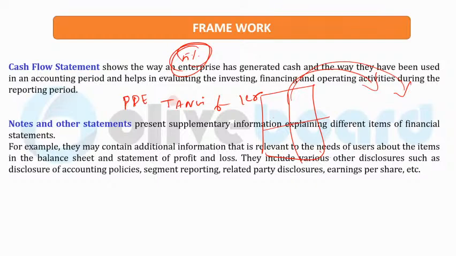Do I have any other branch or business in another country? How much did I earn in foreign currency and how much in local currency? What policies am I following in my company, and what policies were followed in preparing this financial statement? All these things they have to give. It's not simply a statement. All this information will be given.